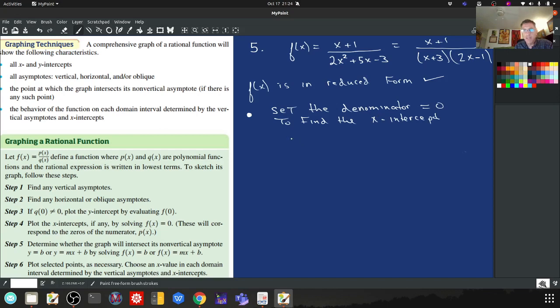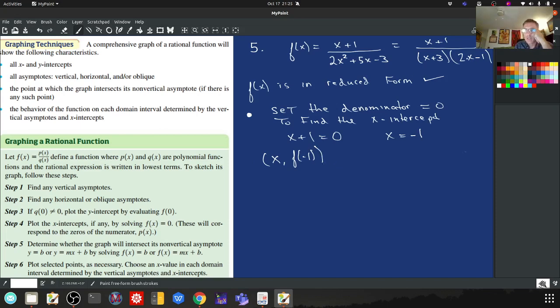So our denominator is x plus 1, so that gives x is equal to minus 1. So at the point f of minus 1, we have our X-intercept.